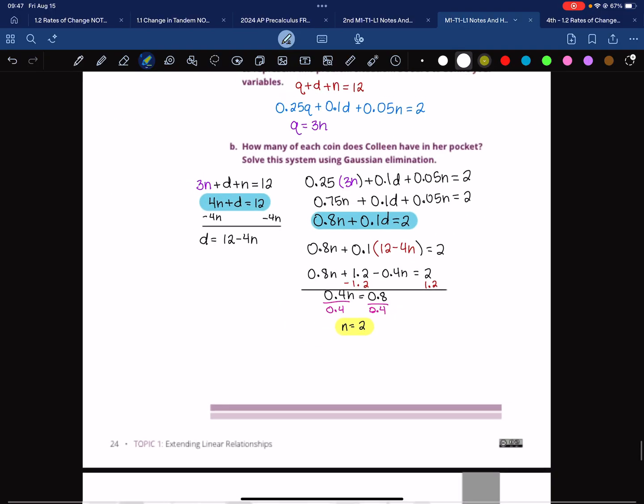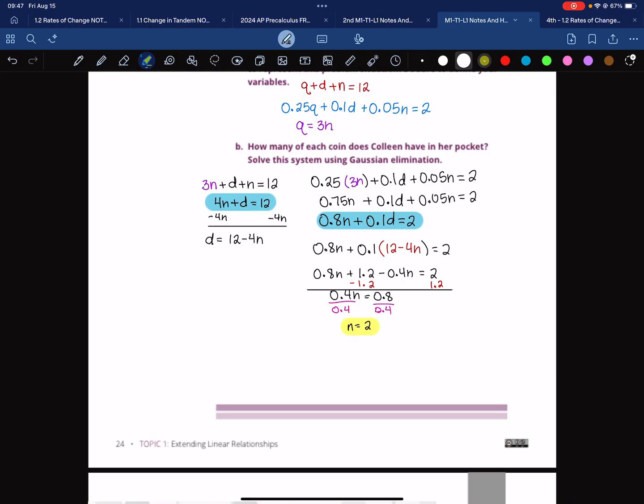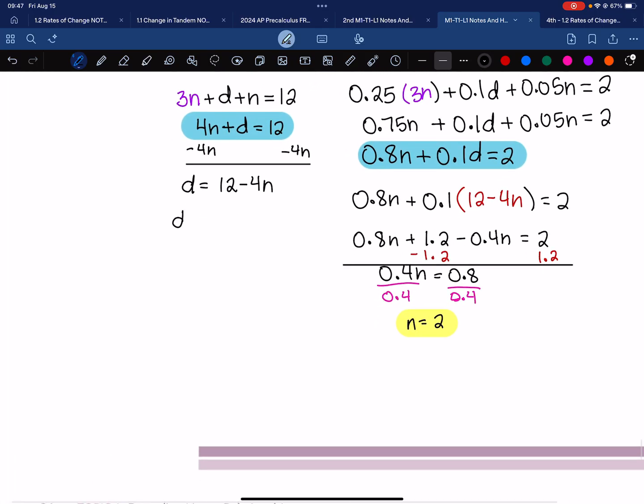Okay, now we need to solve for Q and for D. If you notice, we have an equation where D is already solved for, and we have an equation where Q is already solved for. So all we have to do is plug in 2 into this equation because there's an n, and 2 into that equation because there's an n, and we solve for D and for Q. So D is equal to 12 minus 4 times 2.